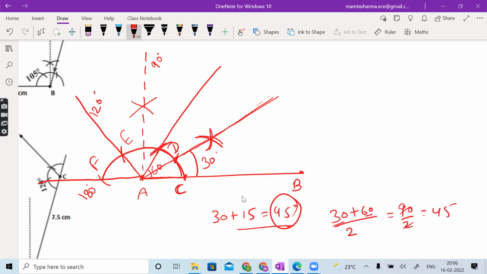This is my 30 degree, this is 60 degree. For getting the midpoint, draw an arc from these two points. If this is D, this is D dash. Draw an arc from D and D dash. Here, join this line. This line will show the angle of 45 degrees.